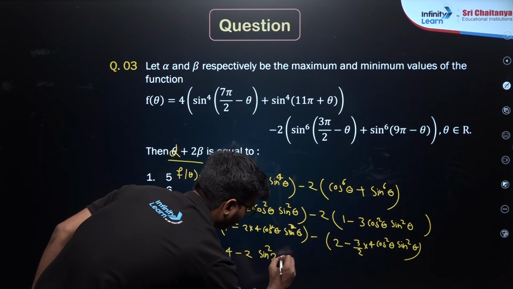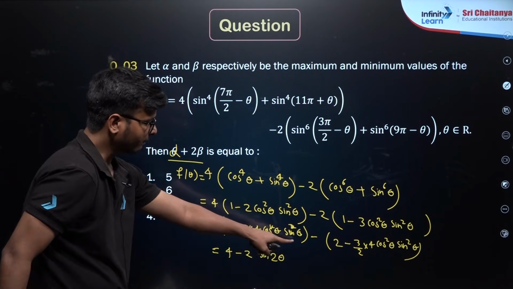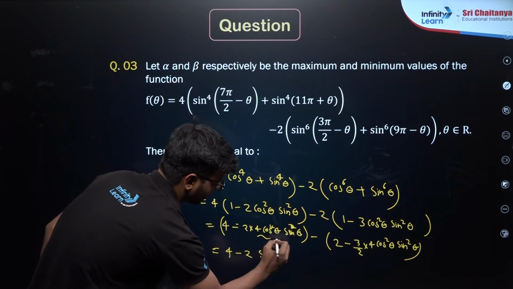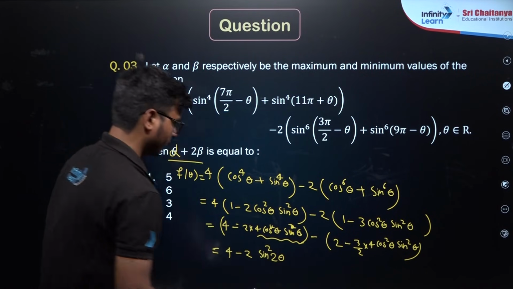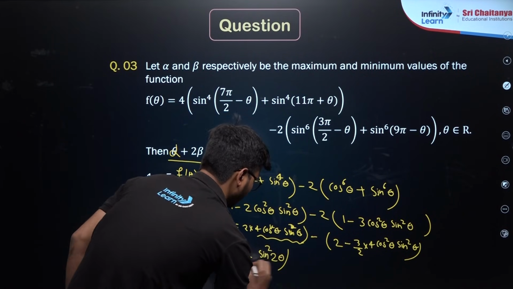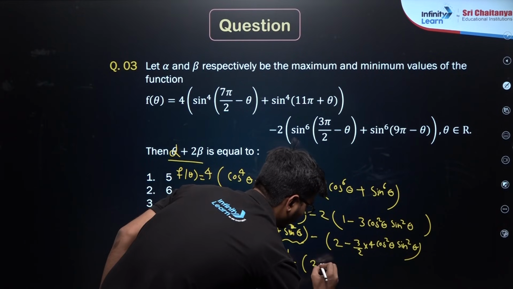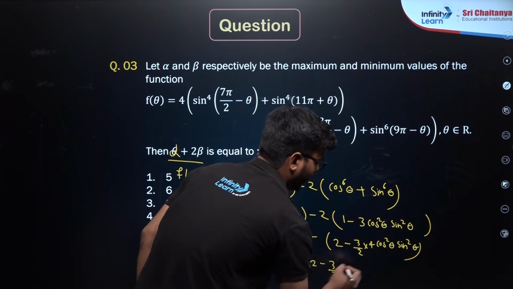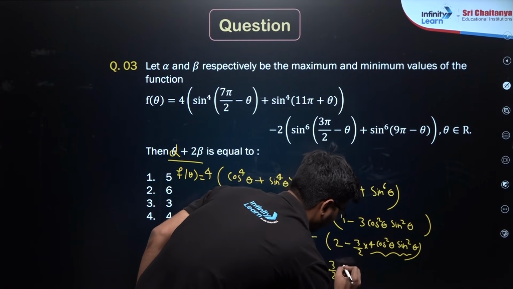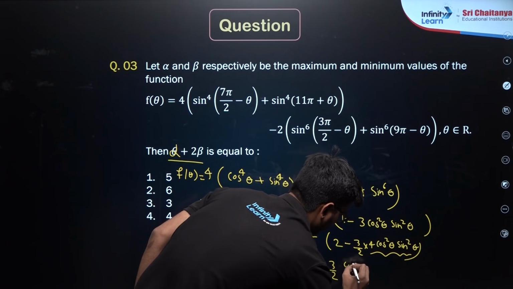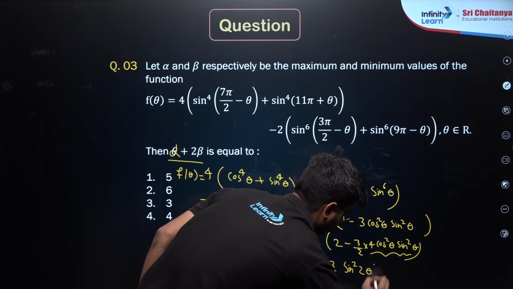Now if you observe, I can write this as 4 minus 2 times sin square 2 theta, correct? This term I can write as sin square 2 theta, correct? Minus 2 minus 3 by 2, again this term I can write as sin square 2 theta.